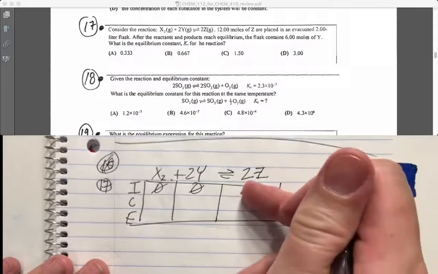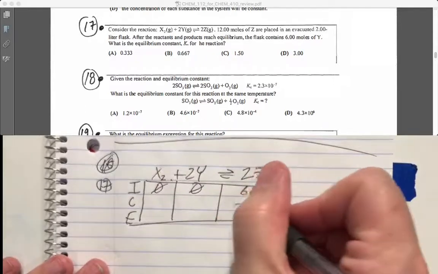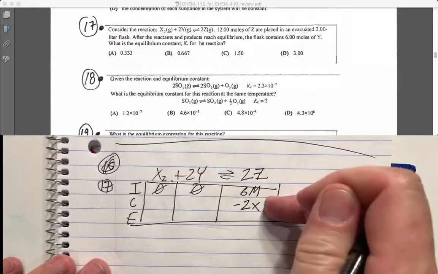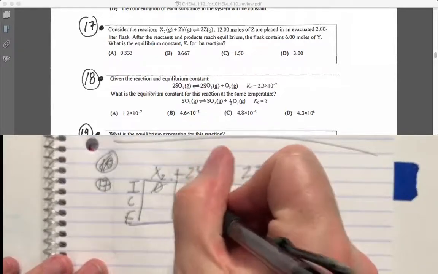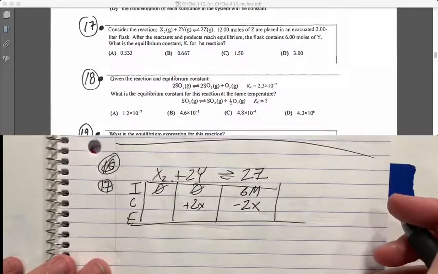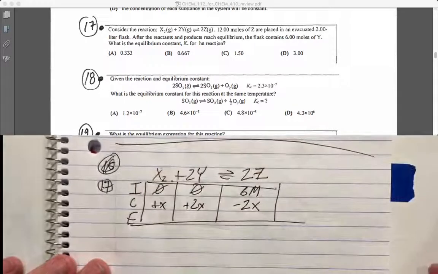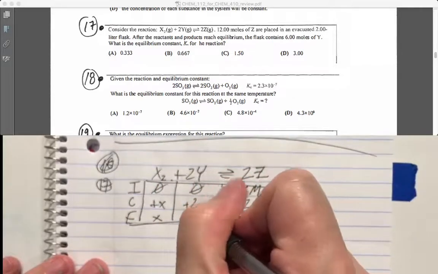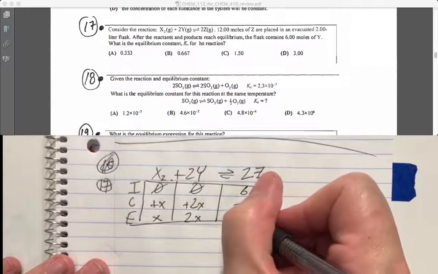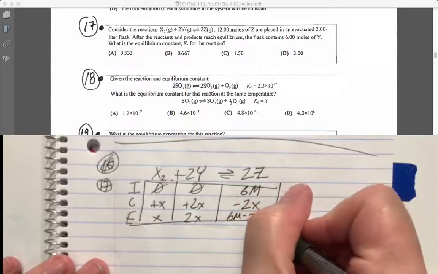For this reaction to proceed to the left, I have to consume 2 molecules of Z. When I do that, I'll make 2 molecules of Y, and I'll make 1 molecule of X. So 0 plus x gives me x, 0 plus 2x gives me 2x, and this gives me 6 molar minus 2x.